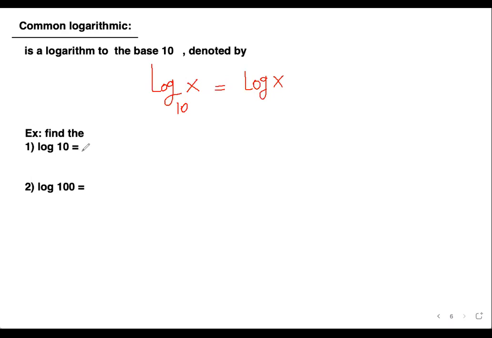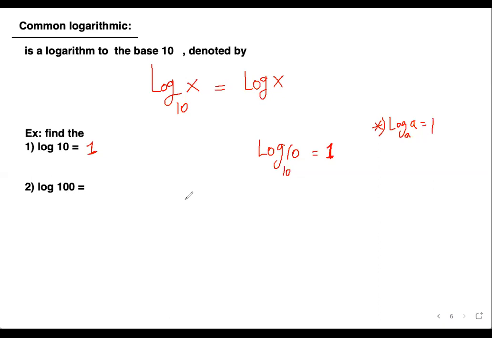Do we have to put the base? No, we don't have to put the base. But if you want to rewrite it, log 10 to the base what? 10. Okay, what is that equal? I said before log a to the base a, what is that equal by using the property? 1. Exactly. Okay, so 1.